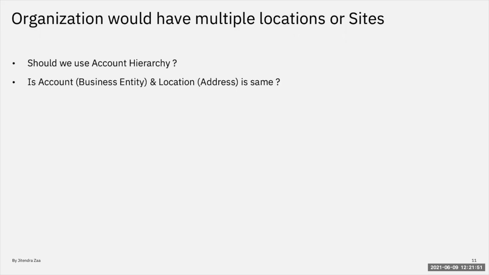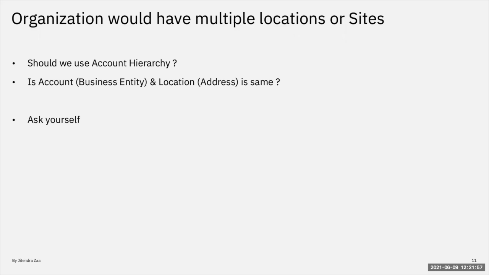An organization would have multiple locations or sites. And now this is one of the favorite questions, right? I think there is another Salesforce scenario where there is a similar situation where an account can have multiple locations. And I have seen many people using account hierarchy. Now the question to all of you: are account and location the same? Think about it.